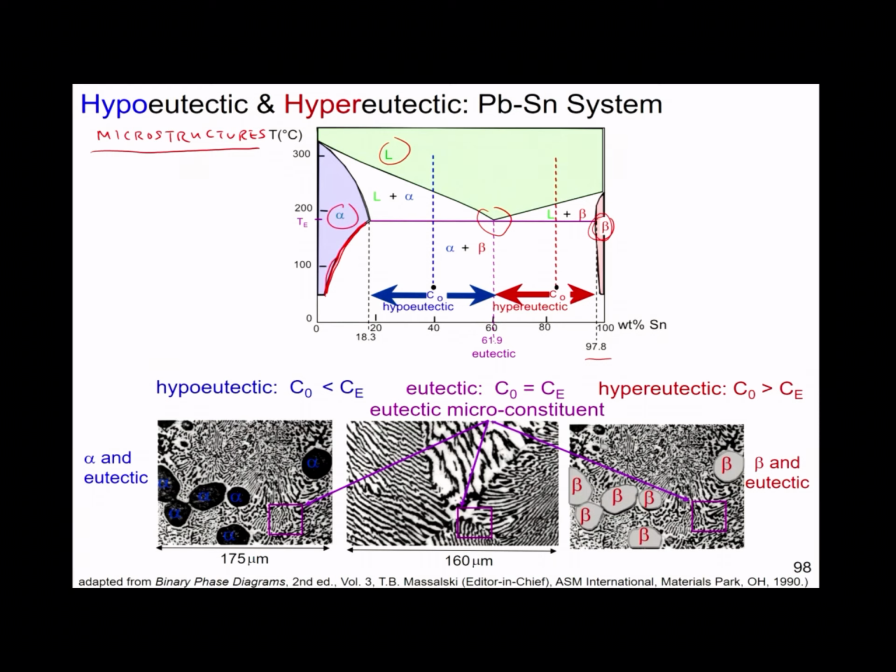So graphically, what that would look like is something like this, where let's say here's composition, here's temperature. You could have something that looks like this. So this line right here is your isotherm for the eutectic temperature. Here's your eutectic point. But on either side, it's just a straight line.